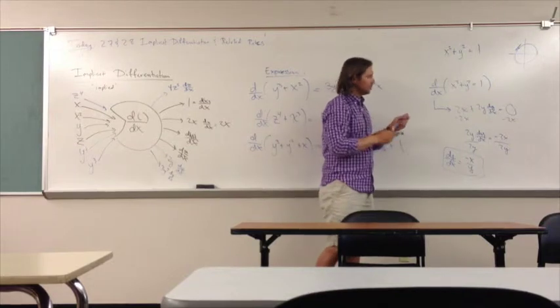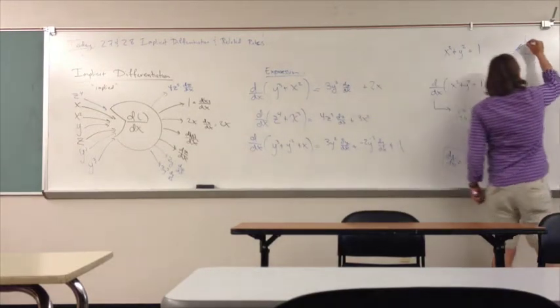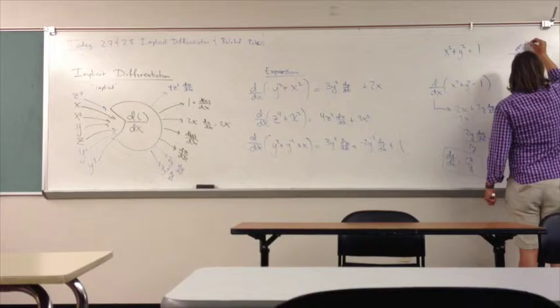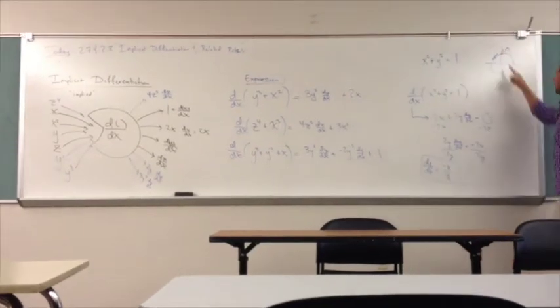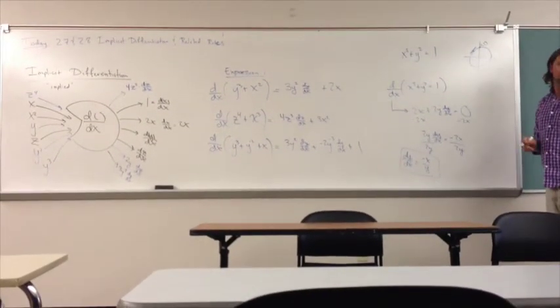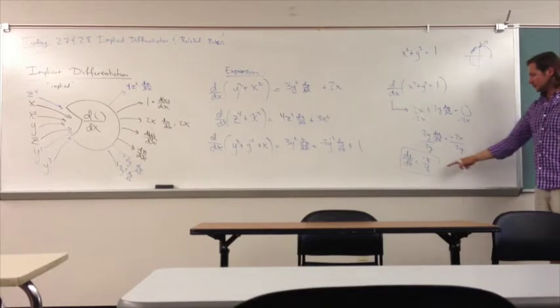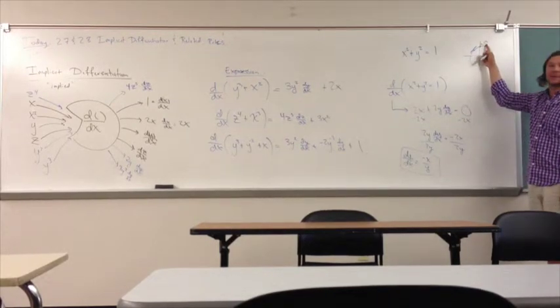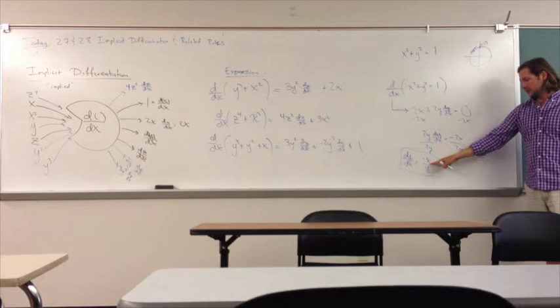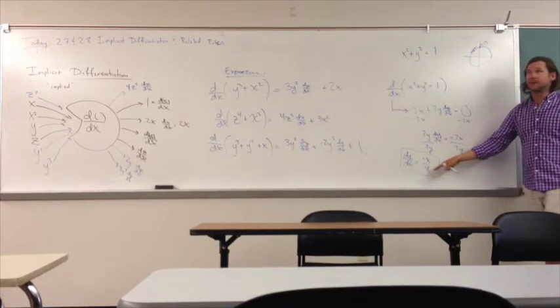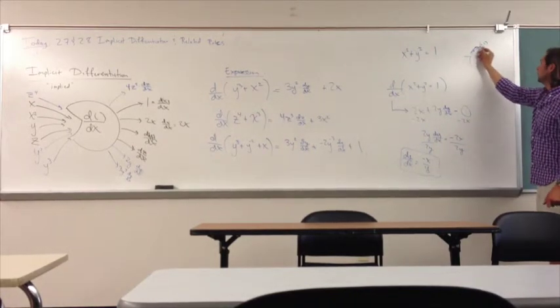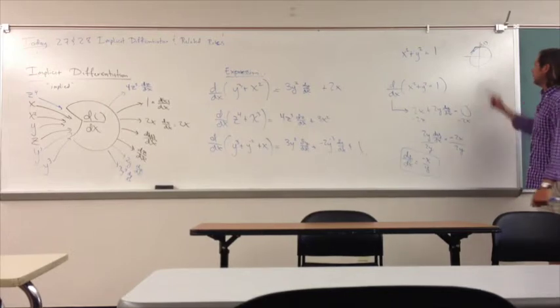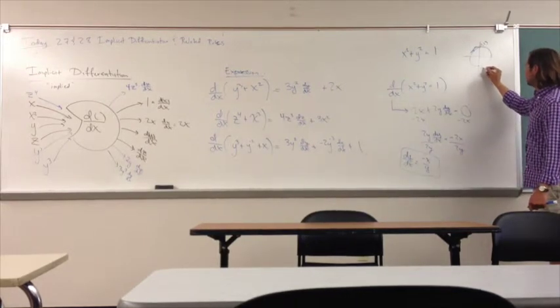So here are some points on this curve. This is the point 0, 1. What's the slope there? This is my x-coordinate, that's my y-coordinate. 0 over 1 is 0. So the slope is 0. Is that true? Is this horizontal there? Here's the point 0, negative 1.